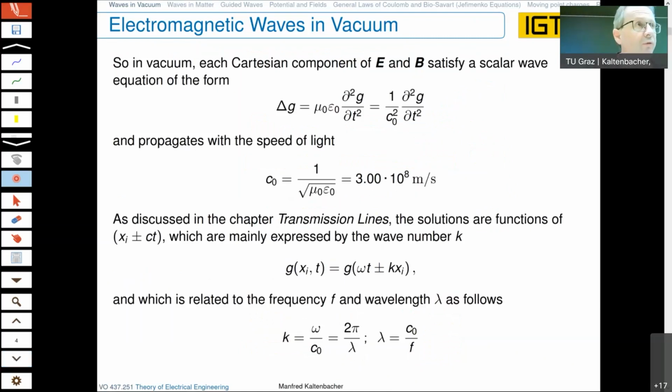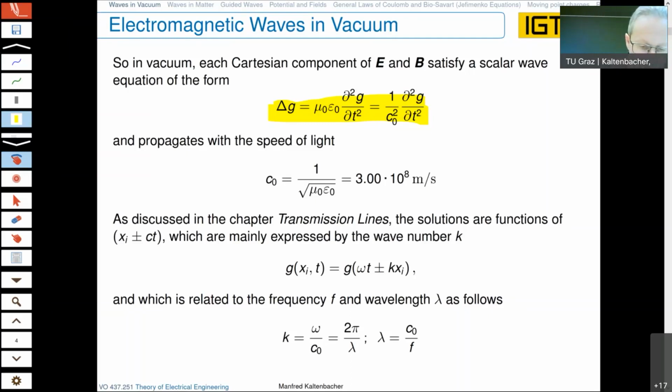So you can even write it down as three scalar equations. And I have written down here a scalar G, which could be the x component of B or the y or the z component of B. And this is, as we know, our typical wave equation in 1D for a scalar quantity.